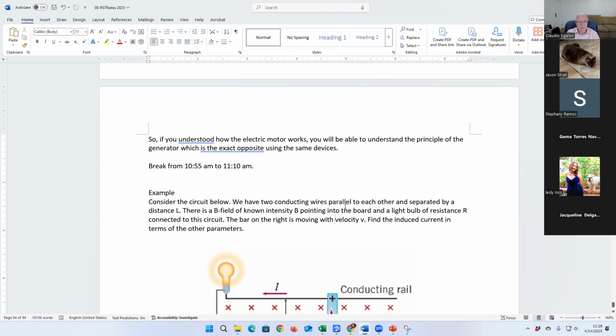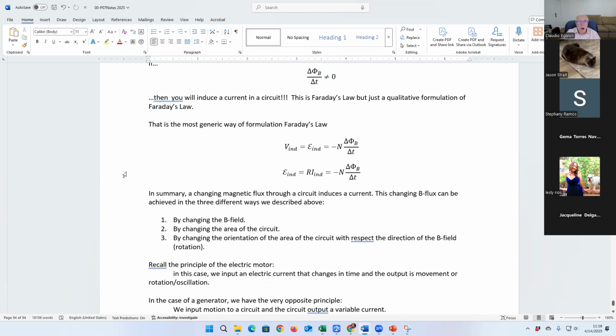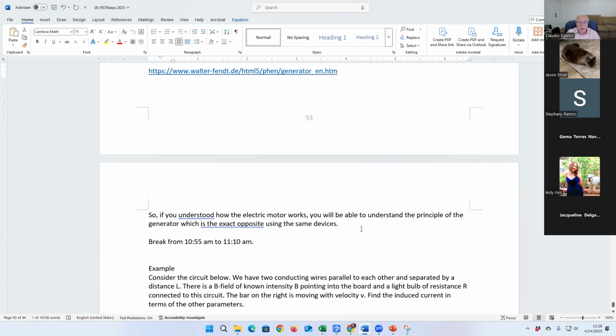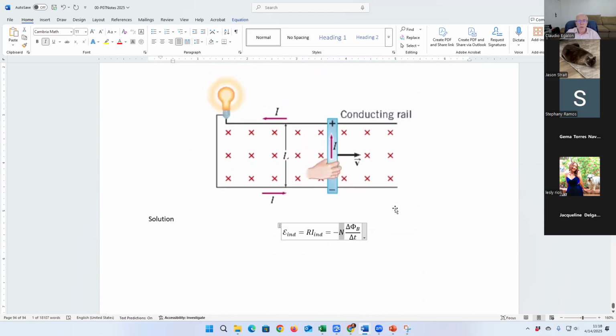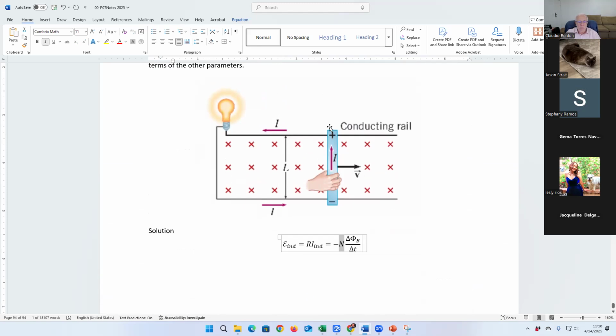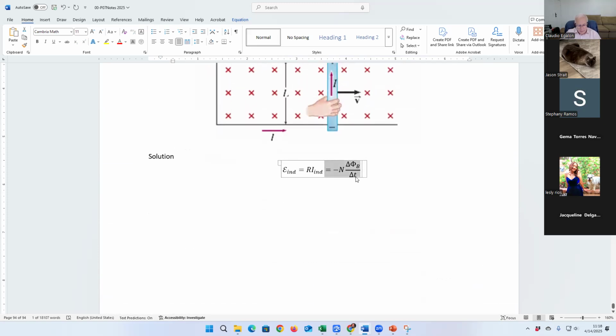Find the induced current in terms of the other parameters. The equation that we have to use is the law of induced current. In this case, it's just one loop, because the loop is this one that you see right in here. You have just one loop, so we can move this thing out.